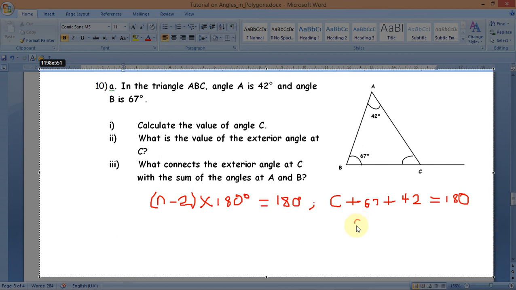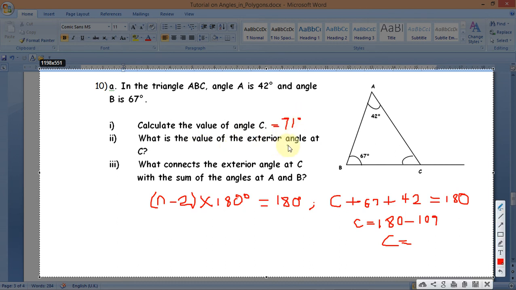Therefore, C will be equal to 180 minus the sum of 42 and 67. 67 plus 42 is 109, so minus 109. So C is 180 minus 109, that is 71. So the value of C there is 71 degrees.